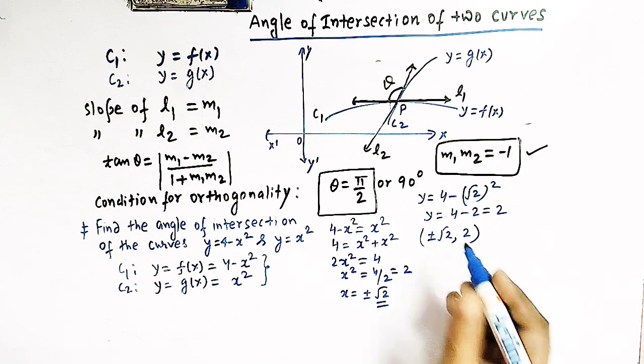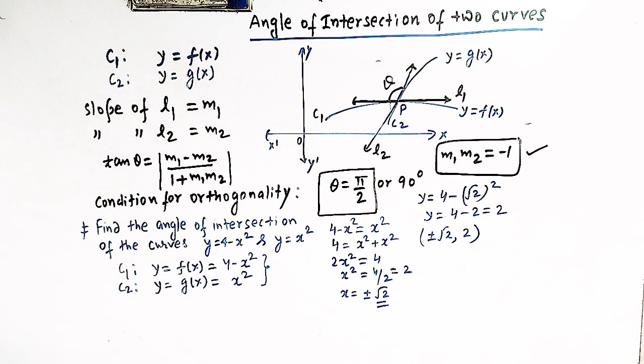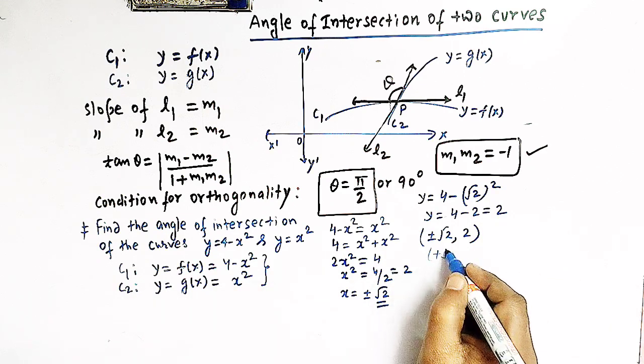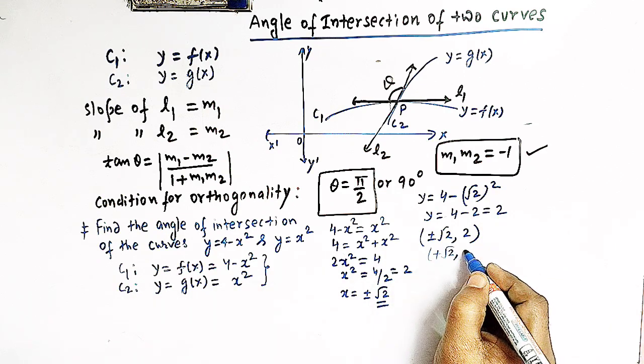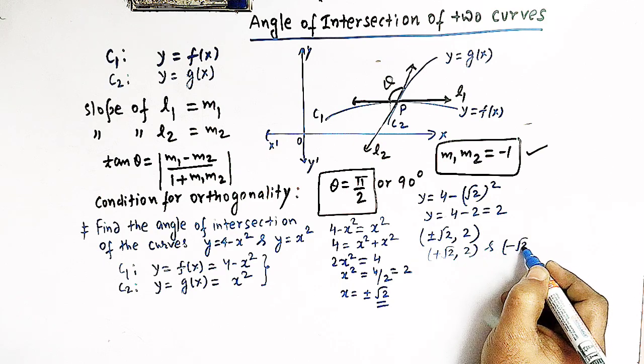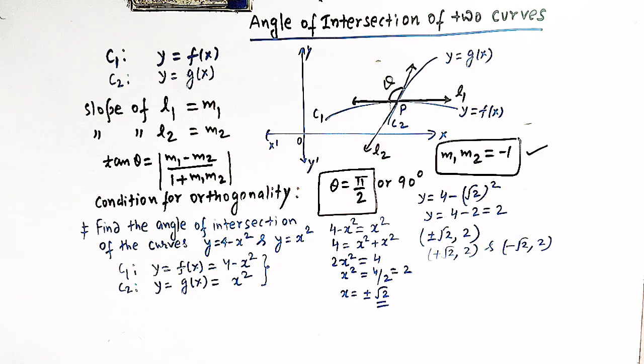So here we see that we have 2 points of intersection of these two curves C1 and C2. The first one is (+√2, 2), and the second one is (−√2, 2), right?